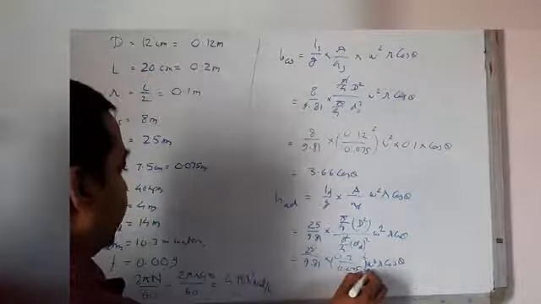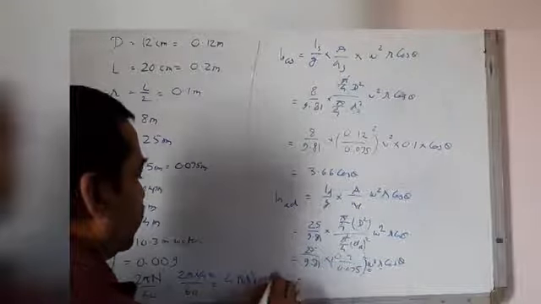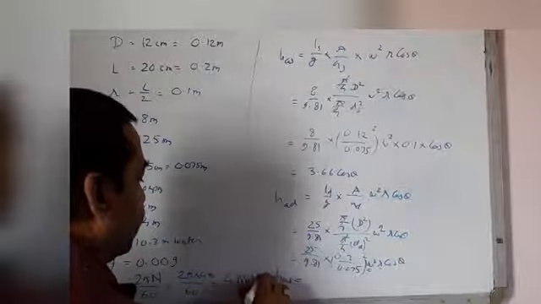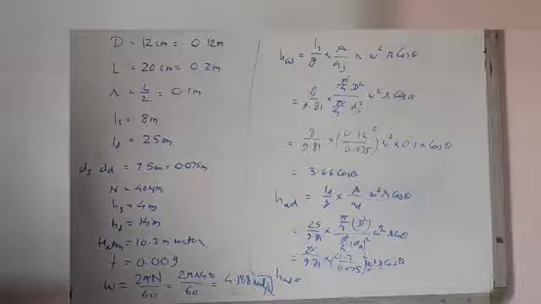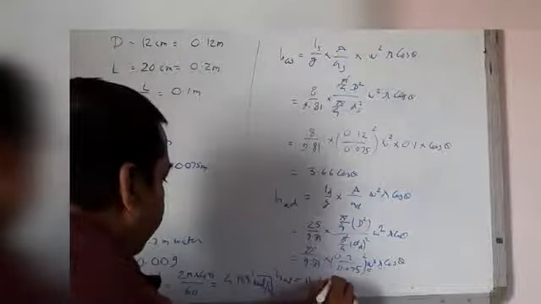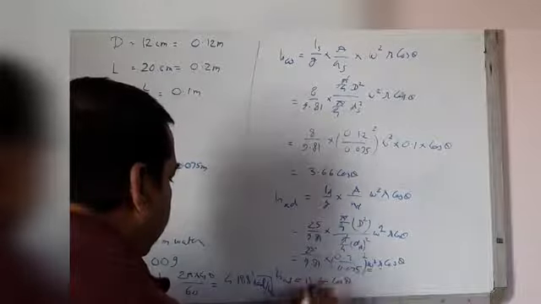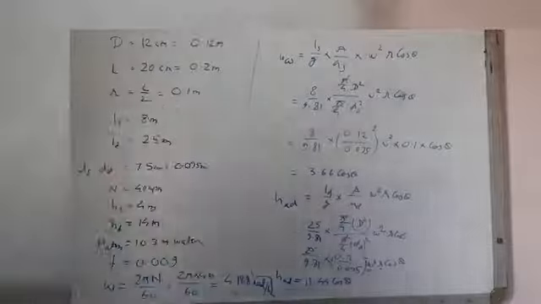Putting the values here, omega and r. So this HAD is equal to 11.44 cos theta. 11.44 cos theta is the value of HAD.